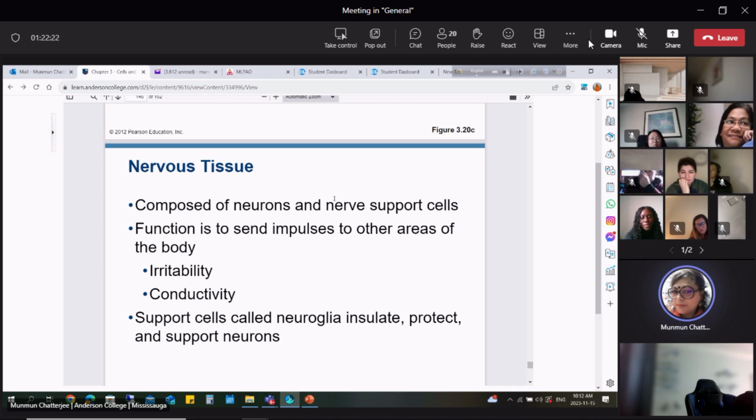The nervous system helps to process the information. But the brain is the structure, the organ, that develops everything, understands, does the thought process, and sends the signals. That is the conductivity.